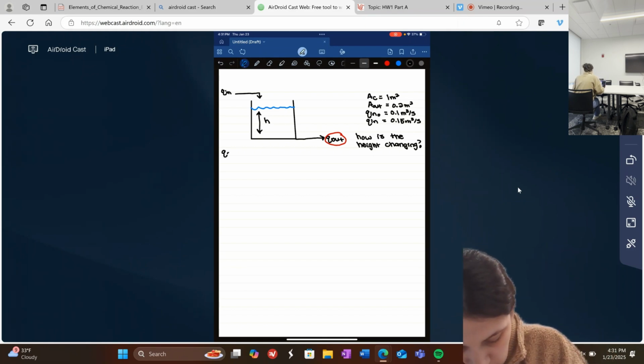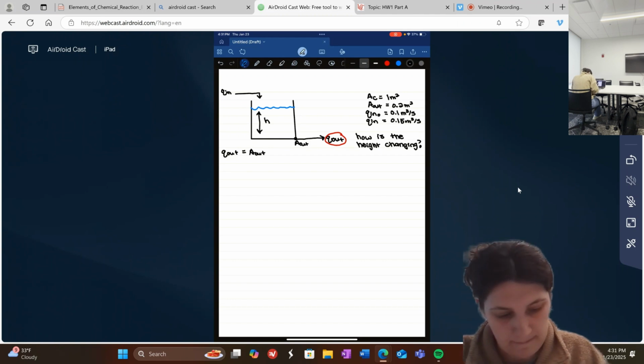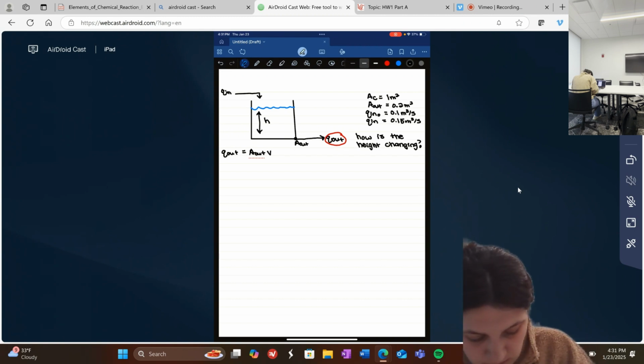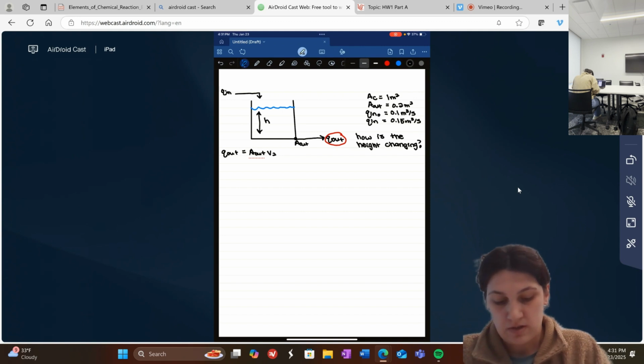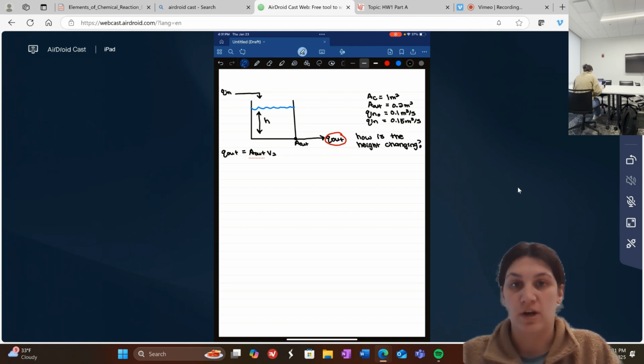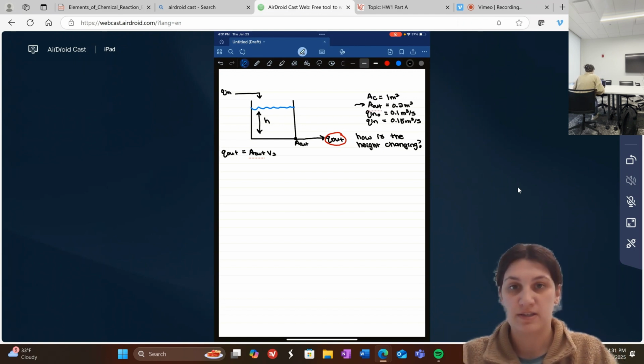We know that our Q out is going to be the area of this outlet, A out, multiplied by the velocity of the water coming out. So we need to solve for this velocity since we are already given the outlet size.